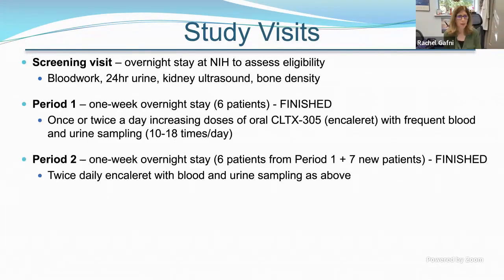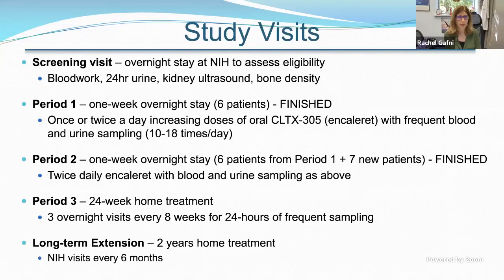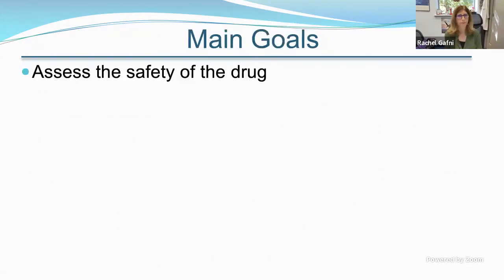Period 2, they came back, and again, we were adjusting the doses to try to figure out the dose a little bit better. And then period 3 was this 24-week home treatment, and they came back to the NIH every 8 weeks for 24 hours of frequent sampling. And now they're in the long-term extension, coming to NIH every 6 months and otherwise living their lives.